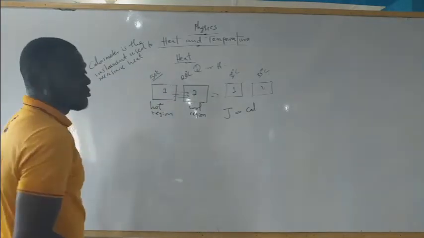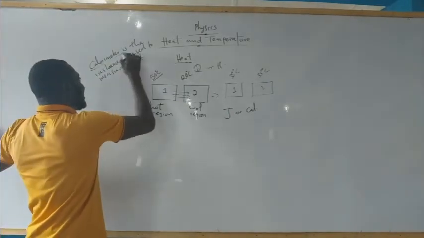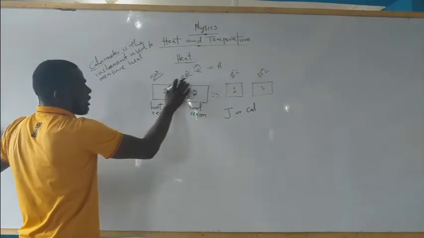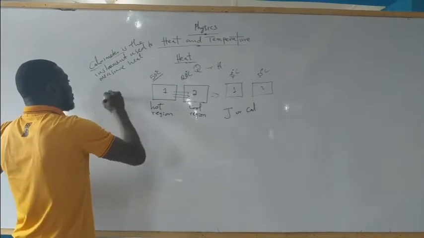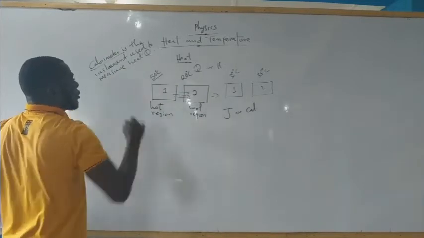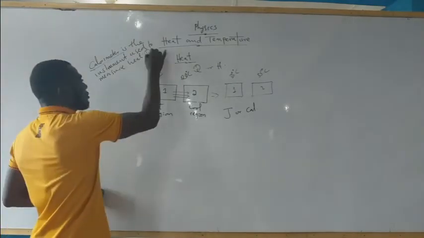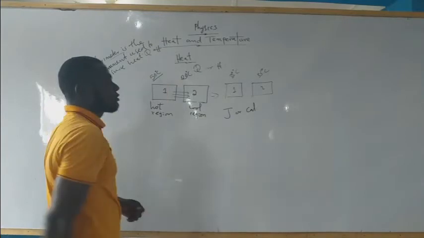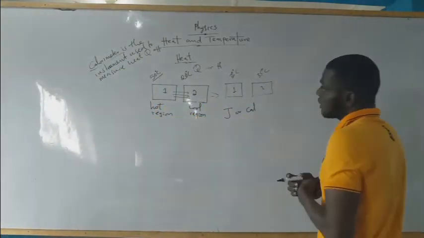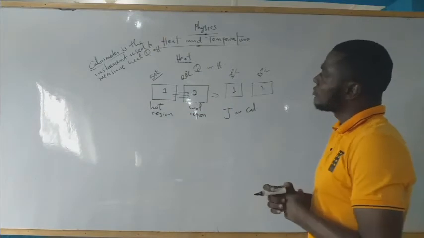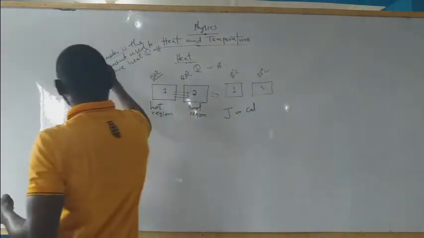Take note. That's the name of the instrument used for measuring heat: calorimeter. And it has the symbol Q or H, capital H and not small h. Calorimeter is an instrument.